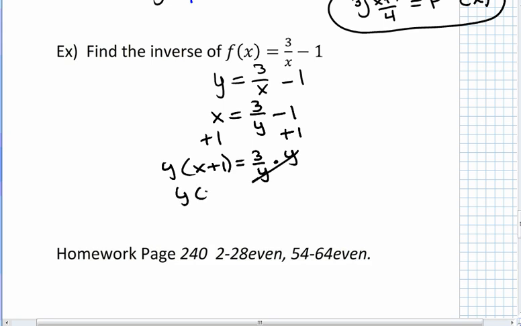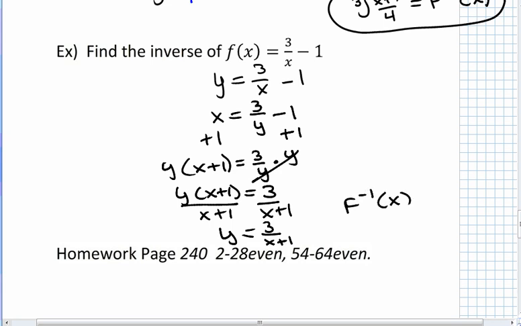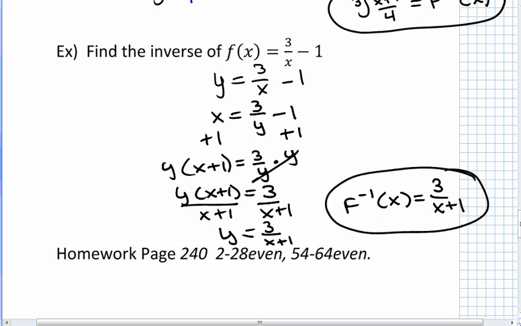So I get y times x plus 1 equals 3. And then I'll divide by x plus 1. So notice I get y equals 3 over x plus 1. And this results in a function and that is my inverse. F inverse is equal to 3 over x plus 1.